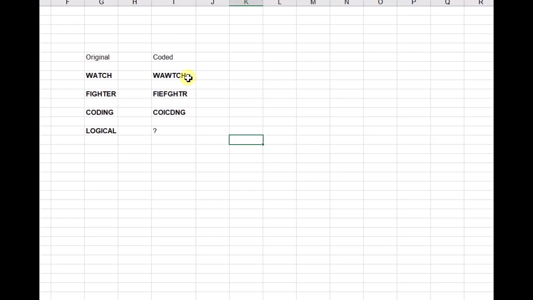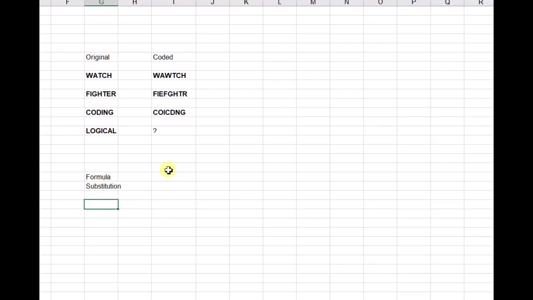First, you have to find the formula for how the coded word is derived from the original word. Then you use that formula to substitute the unknown word for which the coded word has to be found. So these are the two simple steps involved.